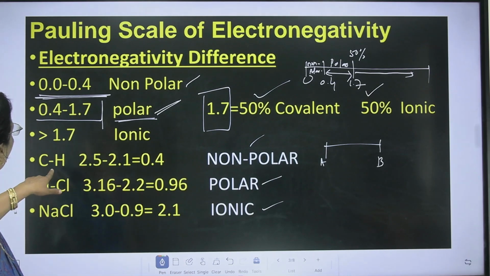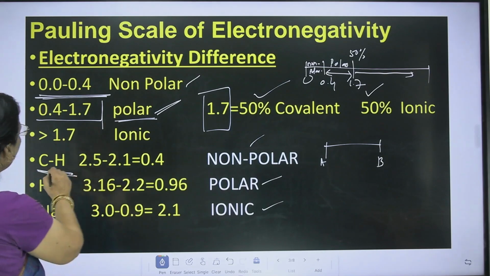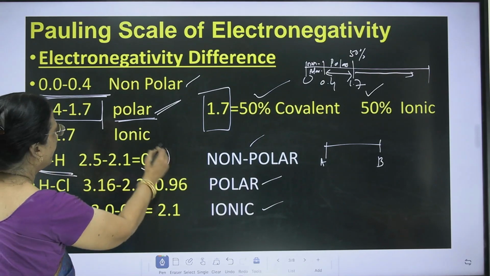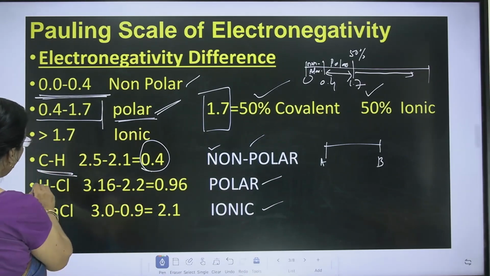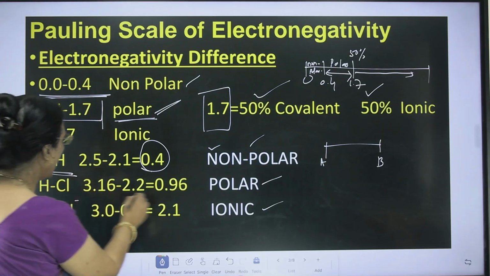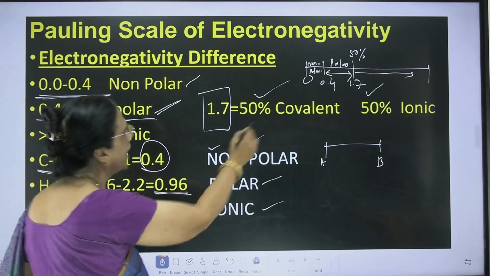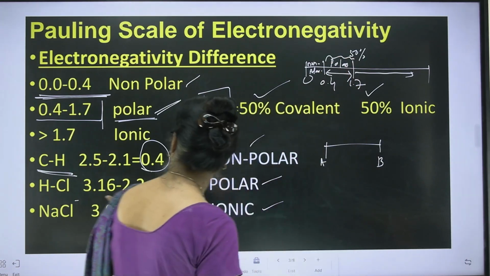Let us see the C-H bond. For the C-H bond, you will see the electronegativity difference is 0.4, okay, so it is non-polar. Clear? If we take HCl, Cl is more electronegative than H, and the difference is 0.96. As you have seen, this comes in this region, so HCl is polar.